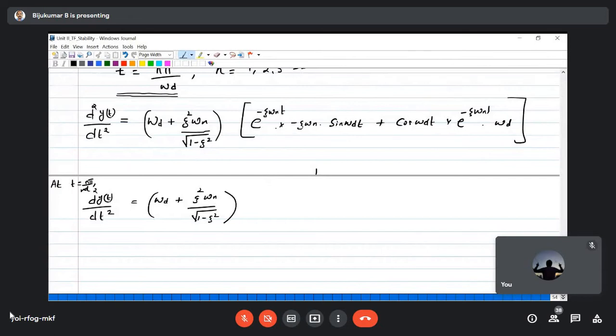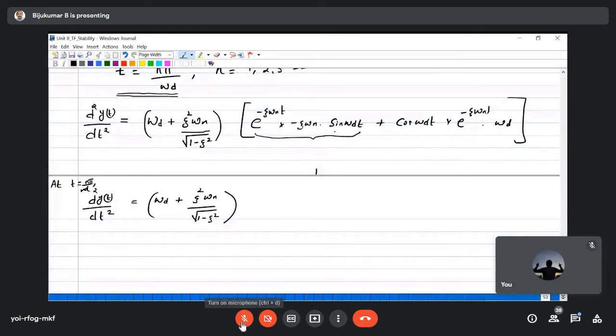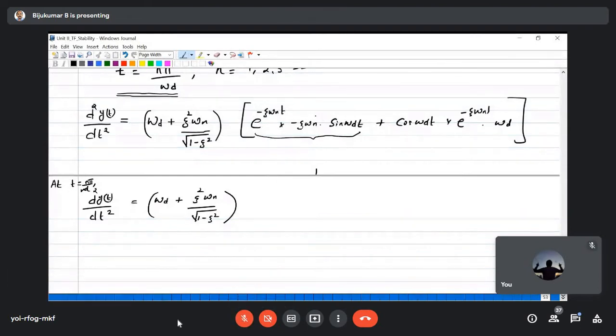So what about this part? First part, if you apply this time period n pi by omega d, since it is sine, if you apply from this, you can find out omega d, right? What is omega d? Omega d is equal to n pi by t. So t will cancel. So sine n pi will come. So when n equal to 1, 2, 3, etc., this part will become 0. Only we need to write this part.